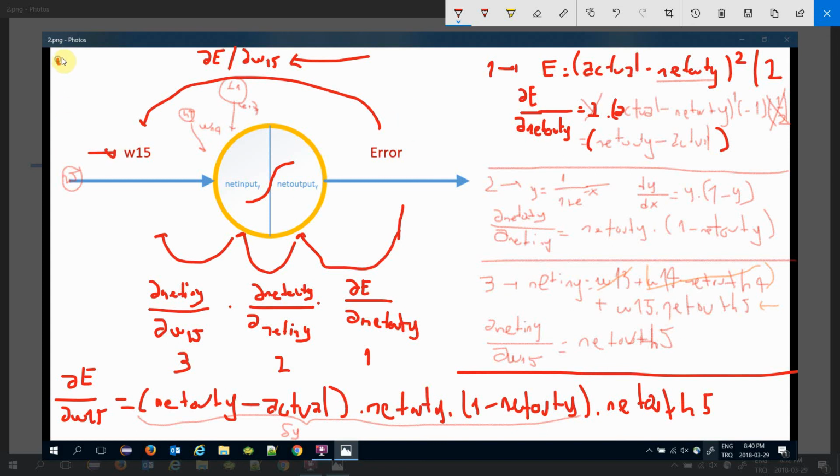It would be like that: W15 is equal to W15 minus alpha times, for example, alpha can be 0.1, a small number, and this one, the derivative of total error with respect to W15.